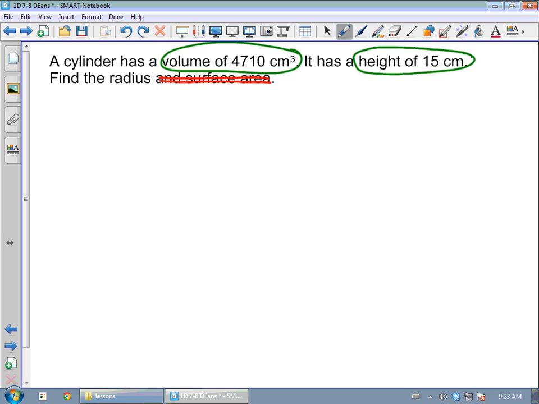Where we want to start is, if we're given the volume, we want the formula for the volume of the shape we're working with, a cylinder. The volume of a cylinder is the area of the base times the height, so pi r squared times the height.